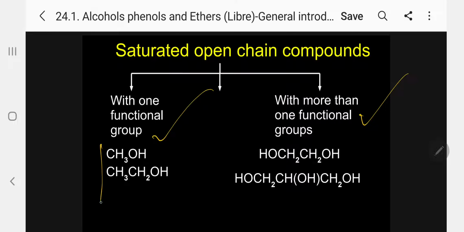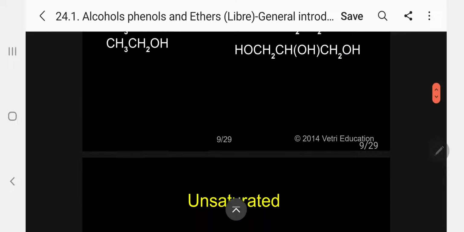Only one functional group we have discussed already: methyl alcohol, ethyl alcohol. With more than one functional group, this is ethylene glycol, this is glycerol. These two compounds, their preparation and properties, we are going to study under this unit. So this is very, very important.